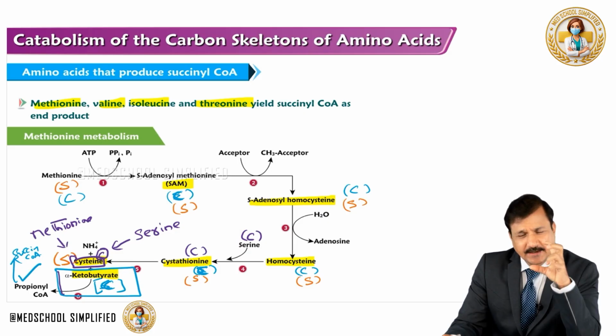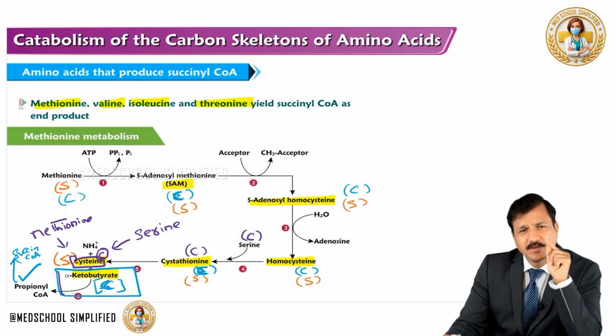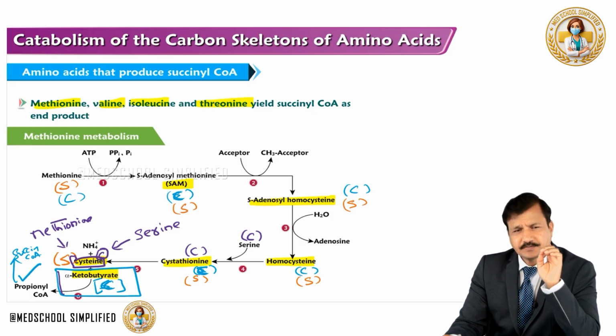The carbon skeleton of methionine, while it undergoes all these reactions, S-adenosyl-methionine, S-adenosyl-homocysteine, homocysteine, cystathionine, cysteine and alpha-ketobutyrate, is carried by alpha-ketobutyrate to become propionyl-CoA, which becomes Succinyl-CoA. Succinyl-CoA can go into gluconeogenesis. That's how the carbons of methionine can form propionyl-CoA, becoming Succinyl-CoA and glucose.